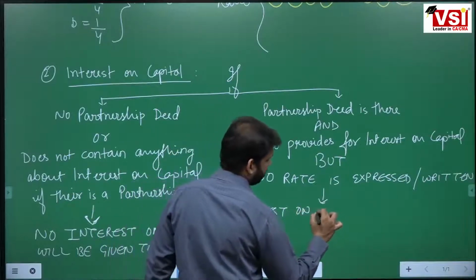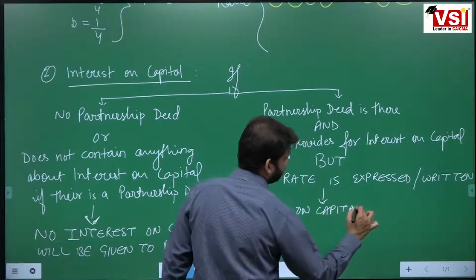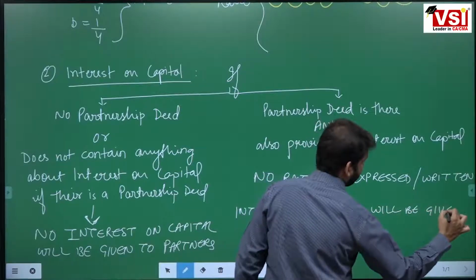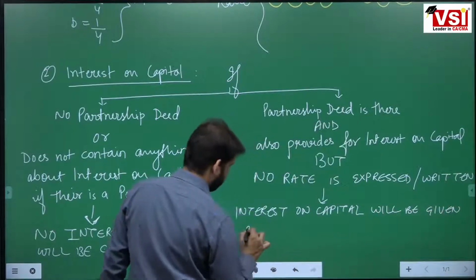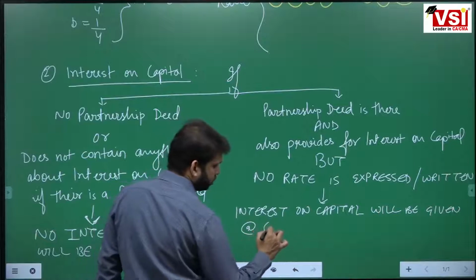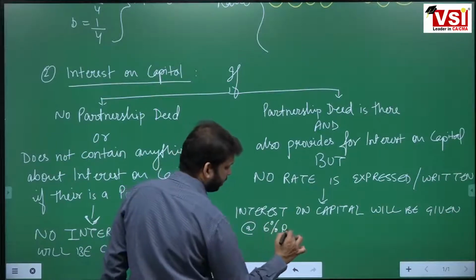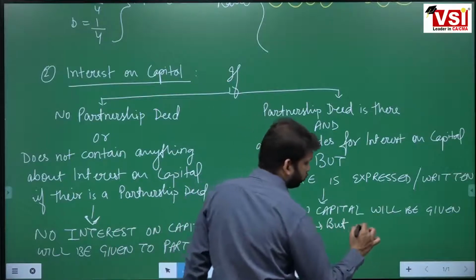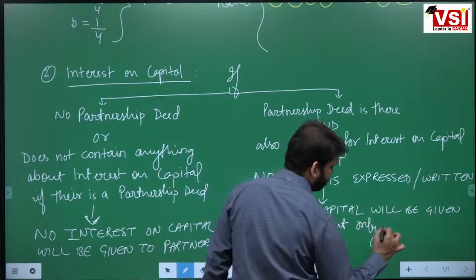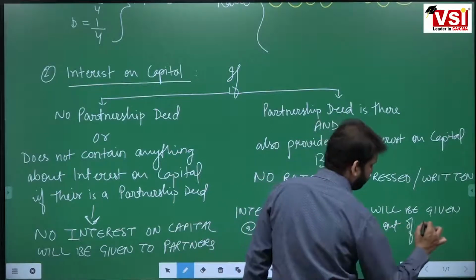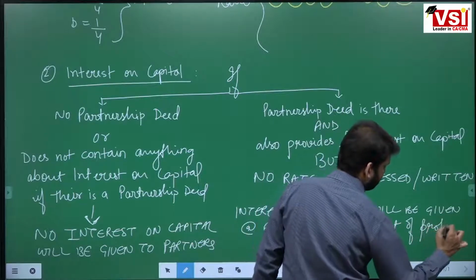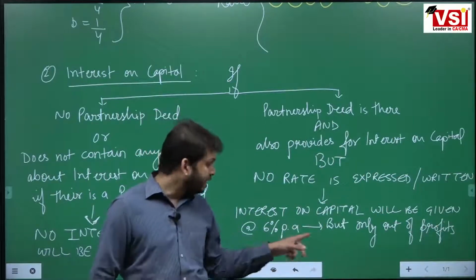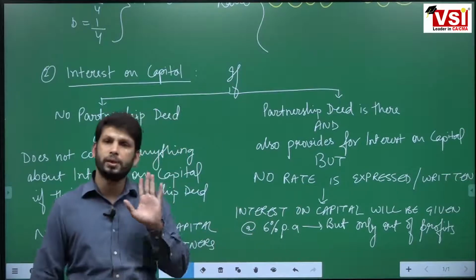Interest on capital will be given at the rate of 6% per annum, but only out of profits. What does this mean, only out of profits? That if the firm incurs losses, then this 6% per annum will not be given.